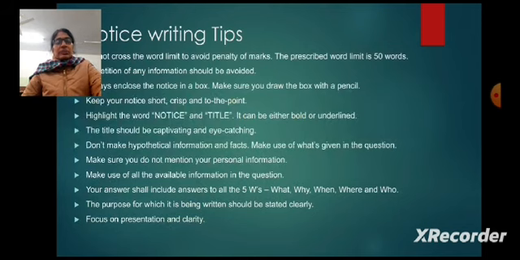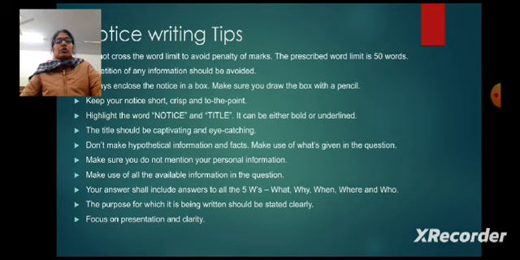There are some tips about notice writing. The notice should be as brief as possible. You should adhere to the word limit, but all the necessary details or information about the related event must be there in the notice, because after reading the notice, the reader must be informed about each and every aspect.